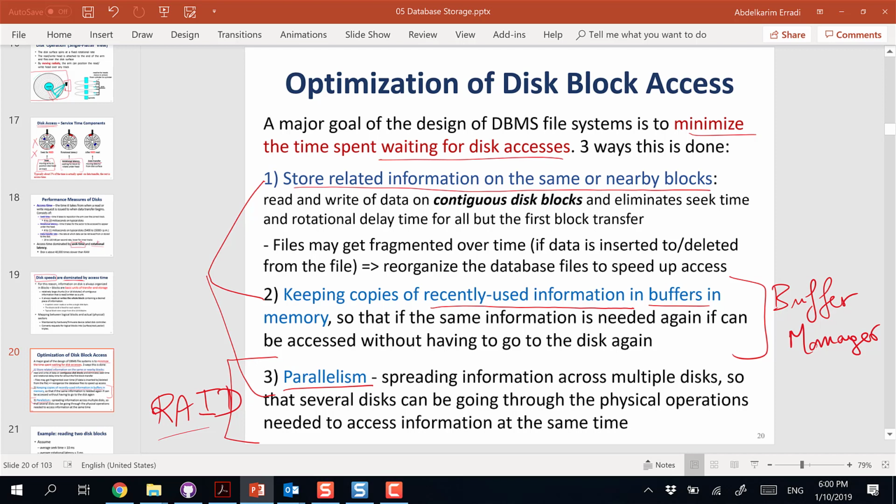Second is to manage the buffer in a smart way. When we read some blocks in memory, we keep them there with the hope that they will be used for future queries. And when we want to evict or kick out some of them, we need to do it in a smart way. And the last technique is to do parallel read and write using RAID. Those are the three major techniques used by databases to address this speed gap between memory and disk.